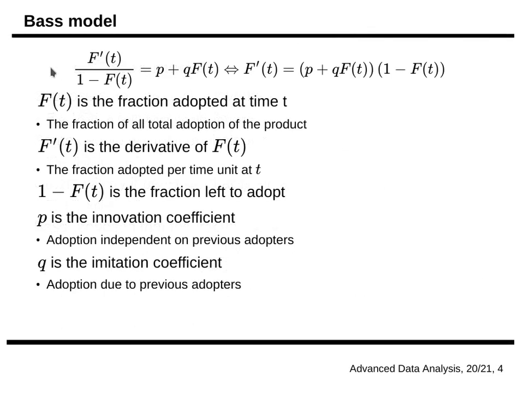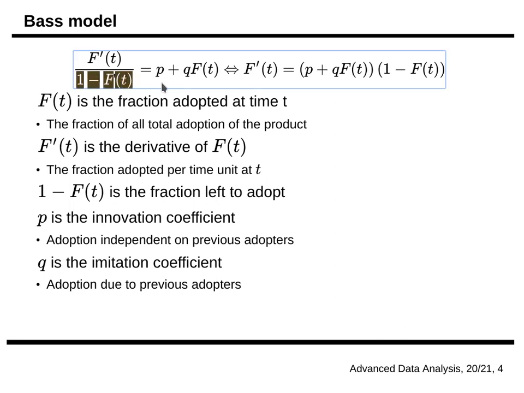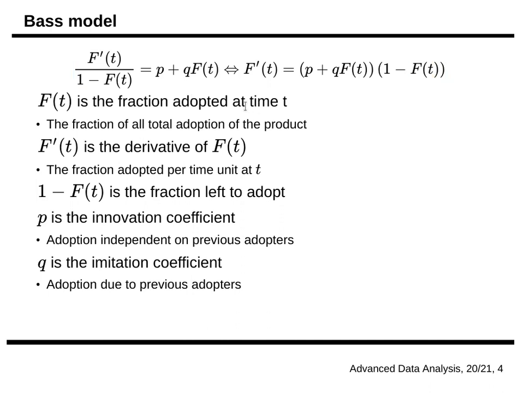We can convert this equation, so we put this denominator here on the other side. So basically, the derivative of the fraction that is adopted over time, this f(t) is the fraction adopted at time t, f prime of t is the derivative of this function with respect to t.